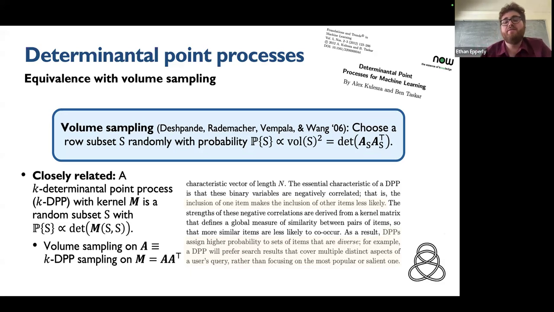The strengths of these negative correlations are derived from a kernel matrix that defines a global measure of similarity between pairs of items so that more similar items are less likely to co-occur. As a result, DPPs assign higher probability to sets of items that are diverse. For example, a DPP will prefer search results that cover multiple distinct aspects of a user's query rather than focusing on the most popular or salient one."